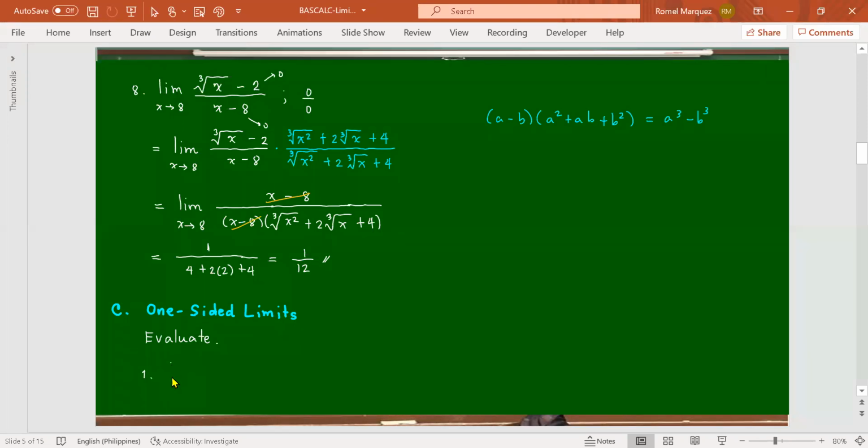Number 1, limit as x approaches, let's say 2 of f of x, where f of x is given by this piecewise function.